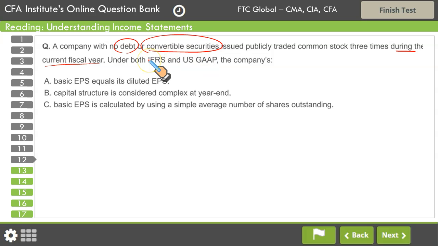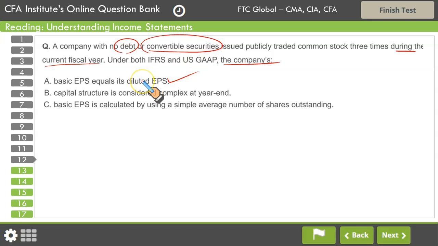So under both IFRS and US GAAP, when the company has no debt or convertible security, it means the company has a simple capital structure. In this situation, the basic earning per share is equal to diluted earning per share, because there is no instrument that is potentially dilutive. So EPS equals diluted earning per share.